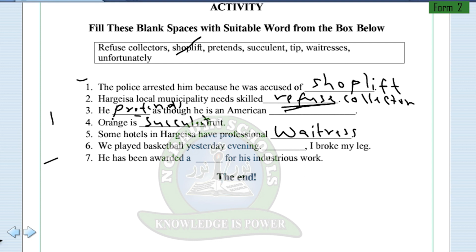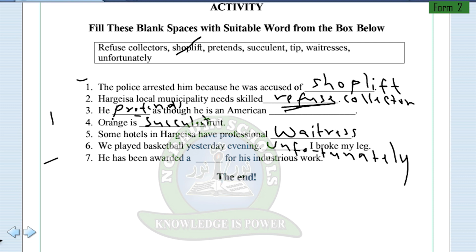The last two: we played basketball yesterday evening, and then what happened? I broke my leg. There is a sorrow in here, so this is unfortunately. I broke my leg.